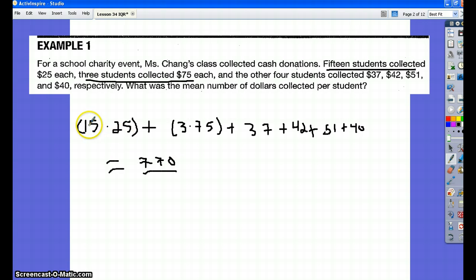So there's 15 people participating here, 3 here, 1, 2, 3, 4. So that's going to end up being 22 people. When you divide that out, you get 35. So the answer is just simply $35. So we're just adding up and dividing. It's the same thing you've been doing since middle school.